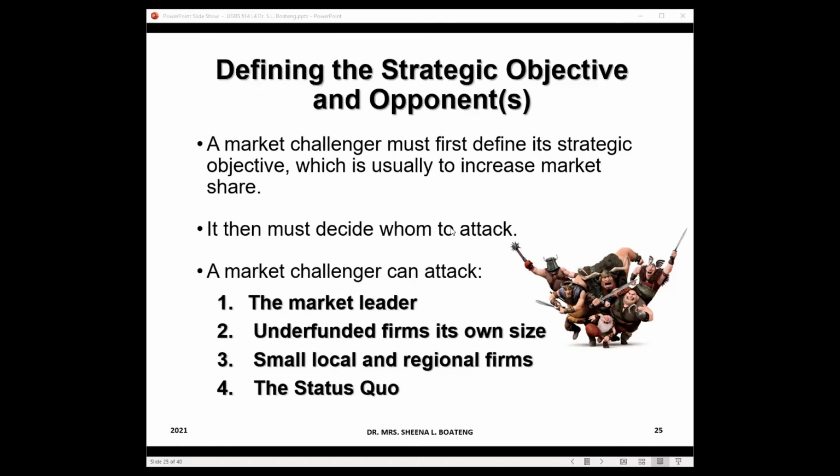Alternatively, the market challenger could also decide to attack the status quo. And in attacking the status quo, it's all about challenging a particular way of thinking, right? Or a specific way in which things have been done in an industry or sector for a long time by most, if not all, firms in that particular industry or sector.